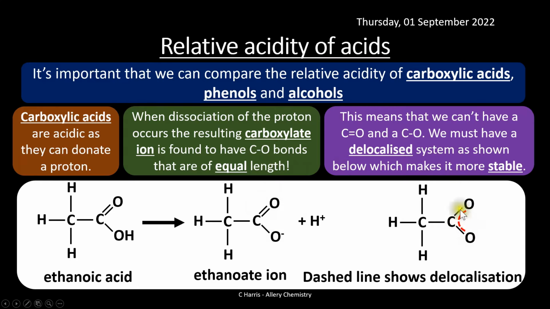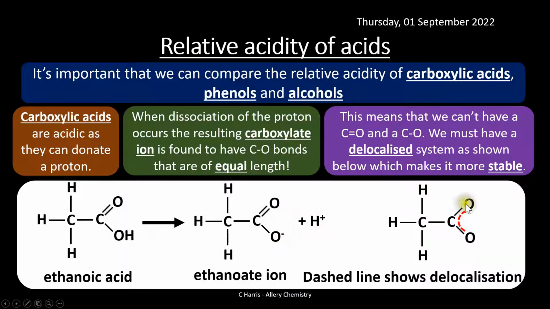Now what this means is you're left with an ion that's fairly stable, if I'm honest. So there is a negative charge in there, but the negative charge is spread across. Because it's quite stable, as an acid it can dissociate and produce the proton, but the proton can then come back, if it wants to, and rejoin to form a carboxylic acid.